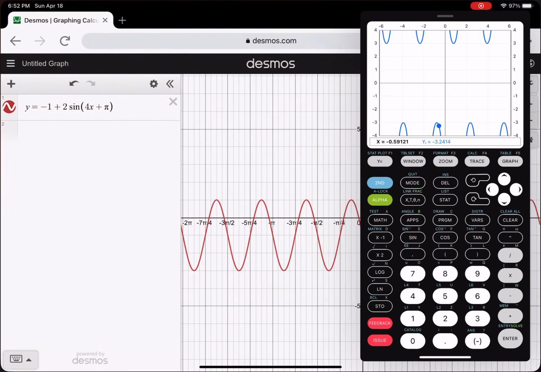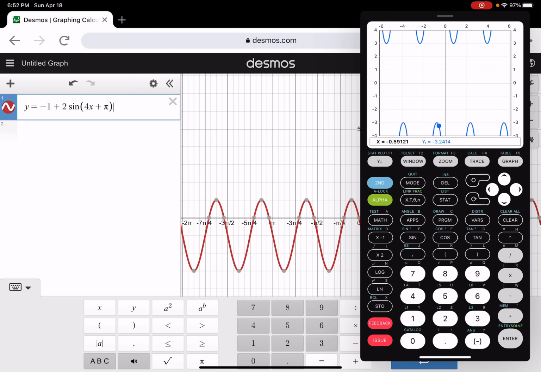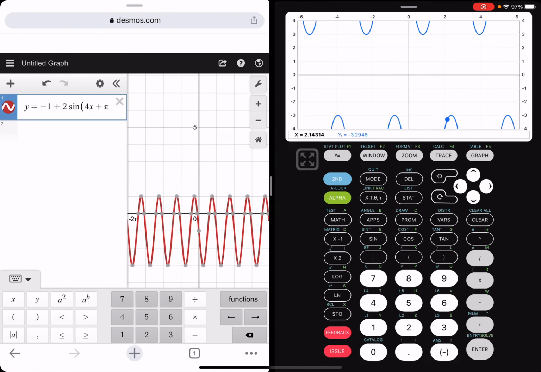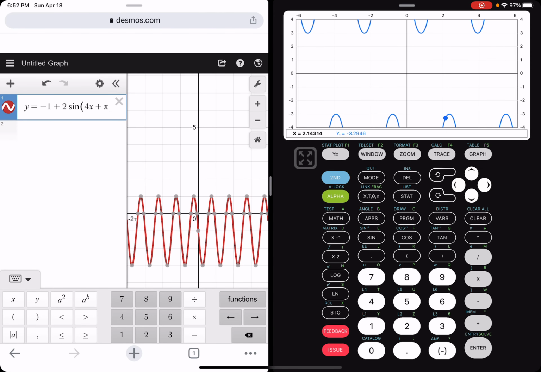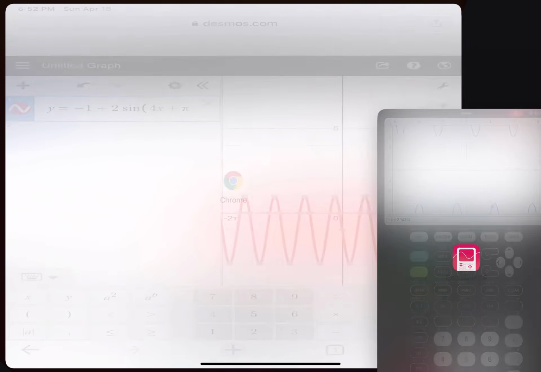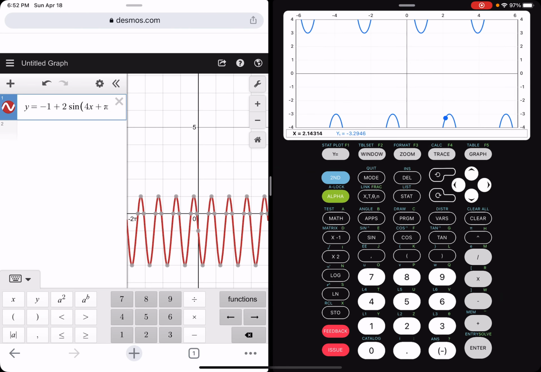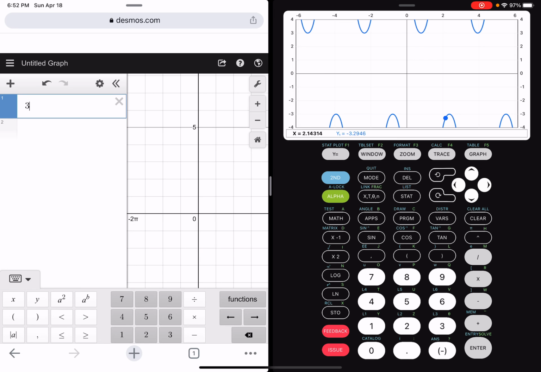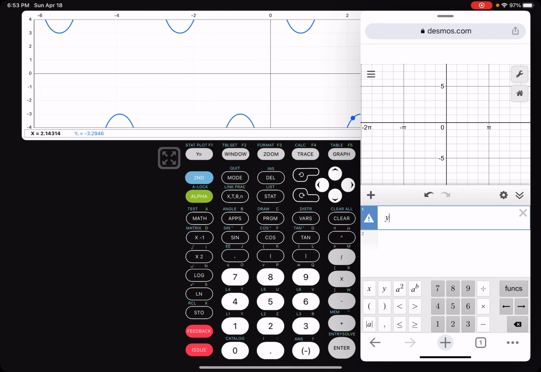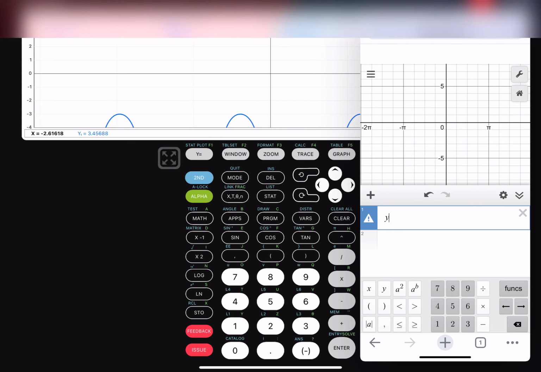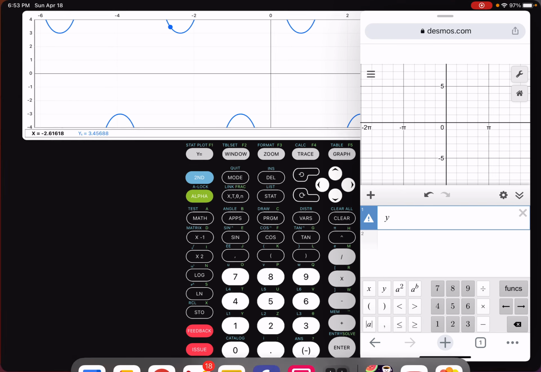On Desmos, hold on, I think I can get rid of this. I had figured out how to get rid of it at one point. Okay, anyway, on Desmos, all right, let me get back to this.